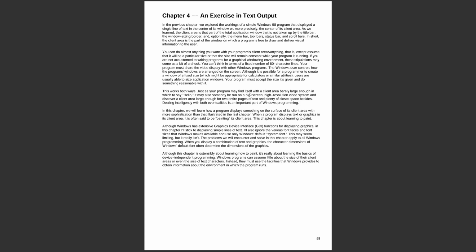Just as your program may find itself with a client area barely large enough in which to say hello, it may also someday run on a big screen, high-resolution video system, and discover a client area large enough for 2 entire pages of text and plenty of closet space besides. Dealing intelligently with both eventualities is an important part of Windows programming.